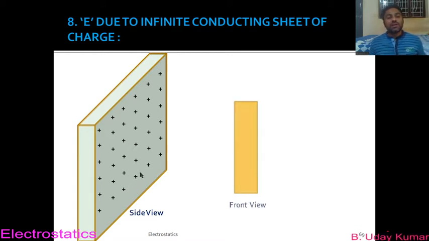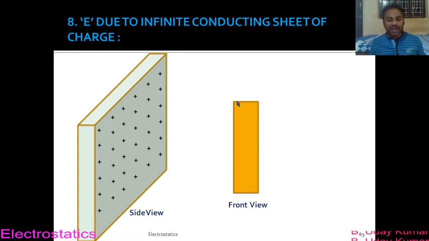Now the same system, the infinite conducting sheet of charge, when viewed from the front looks like this. It looks like a line.